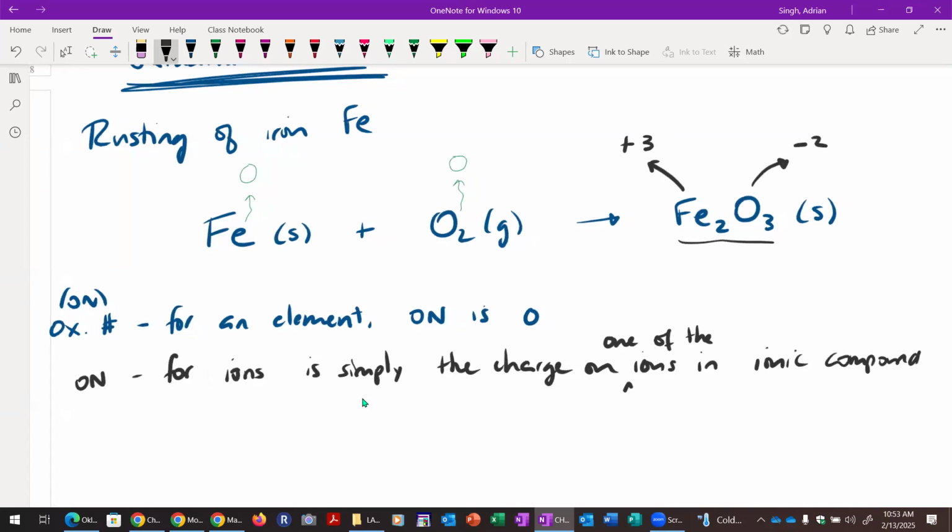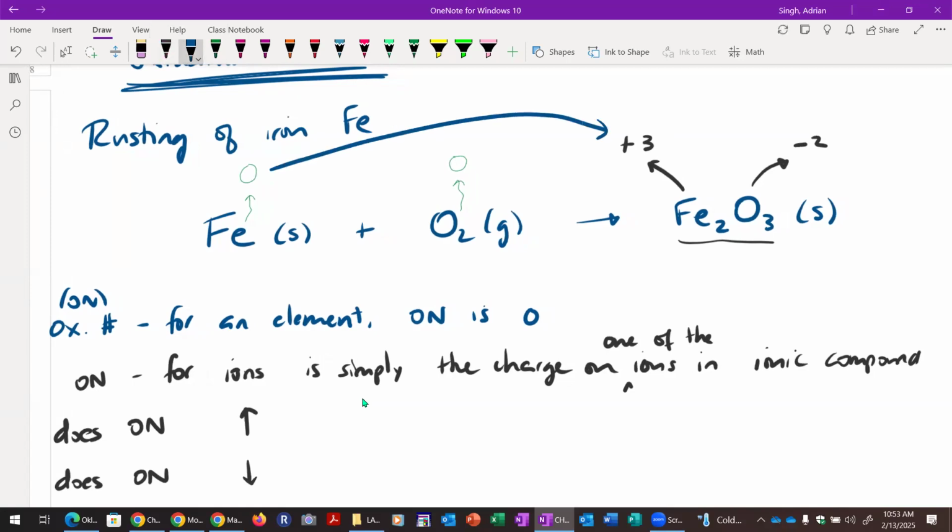And all we're doing is seeing now, does the oxidation number increase or does it decrease? Does it become more positive? Does it become more negative? Well, let's just compare both sides. Iron goes from 0 to +3. That's an increase in the oxidation number, so that would be an oxidation.